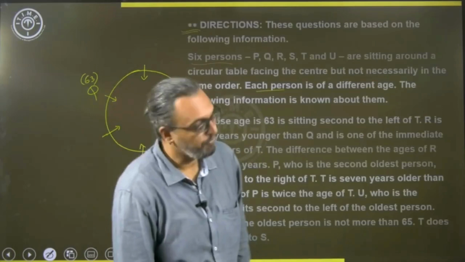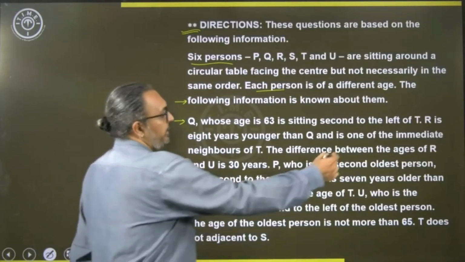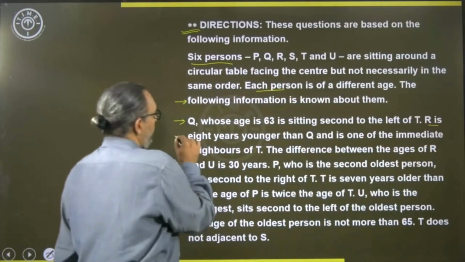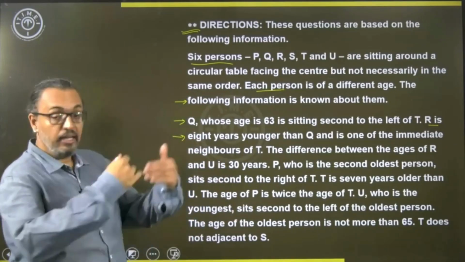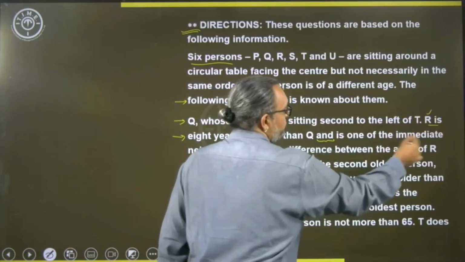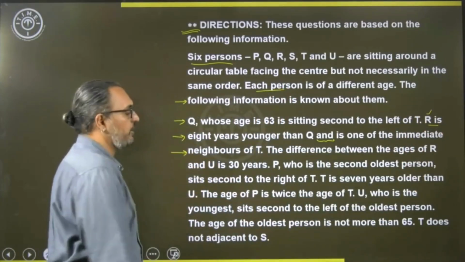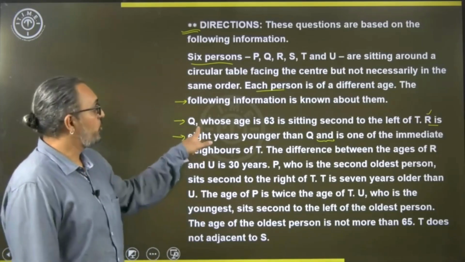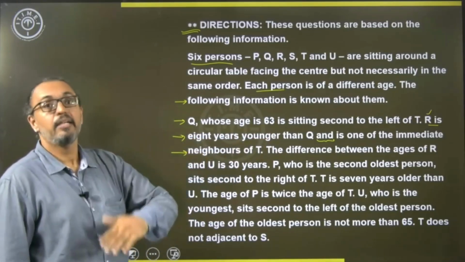Then, next, R is 8 years younger than Q, and R is one of the immediate neighbors of T. Q's age is 63, 8 years younger than that is 55.